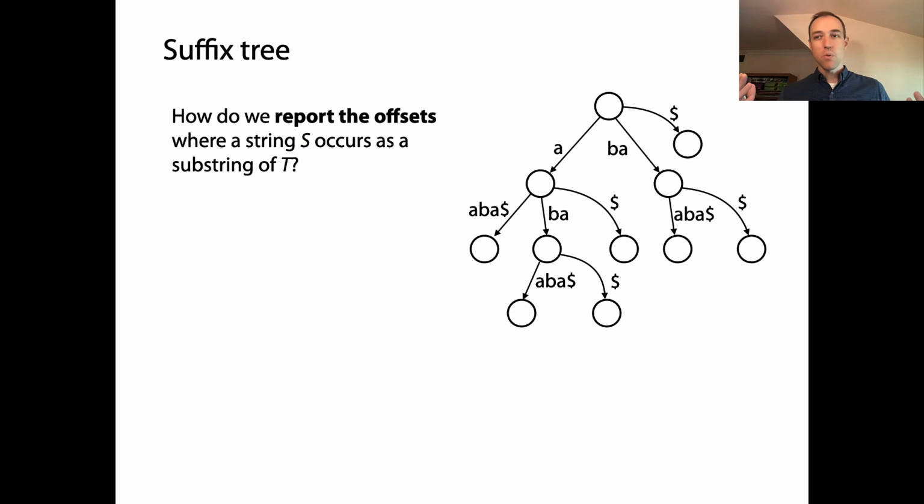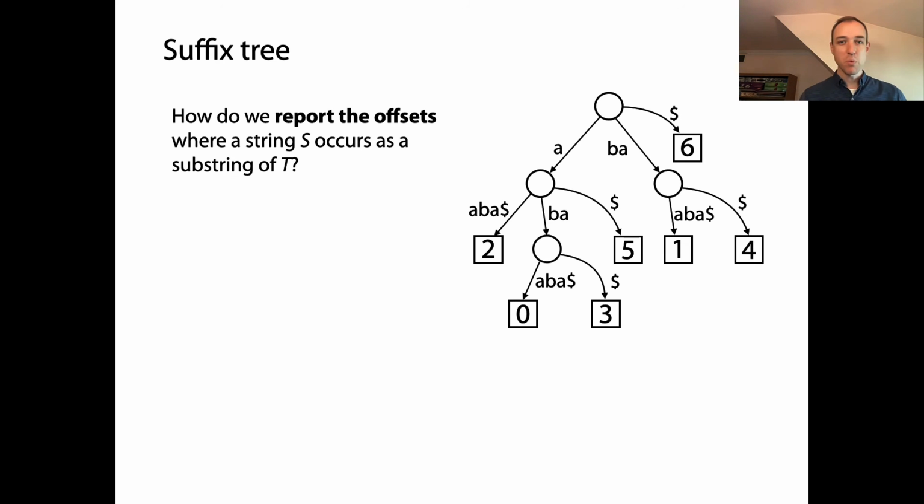If we're counting, another thing we could do instead of just counting is reporting. We could actually report where the places are where all these substrings occurred. That's just a matter of reporting the number that we find in the leaf. When we traverse the subtree rooted at the end of our walk down and we encounter a leaf, instead of just incrementing a counter, we would report the offset in that leaf.